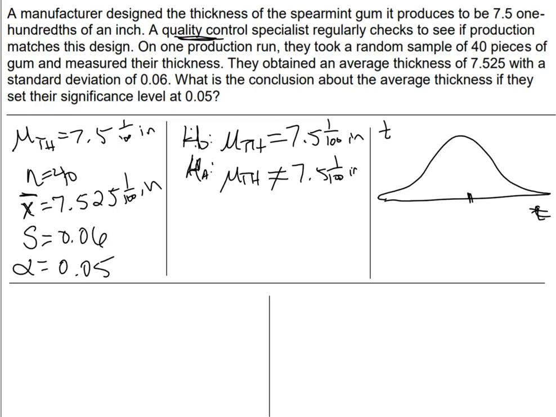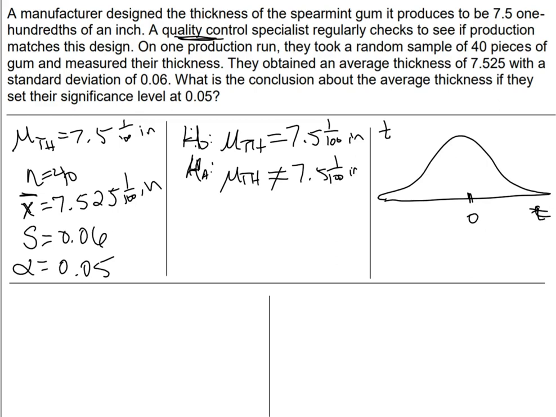The average thickness is distributed around 7.5 with a standard deviation of 0.06. We're going to normalize it with the formula that we had earlier, so our normalized t distribution is centered at 0 and follows the pattern we saw earlier.